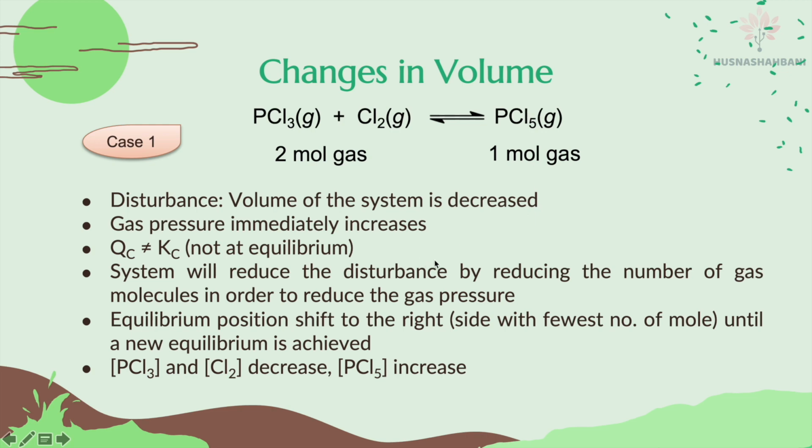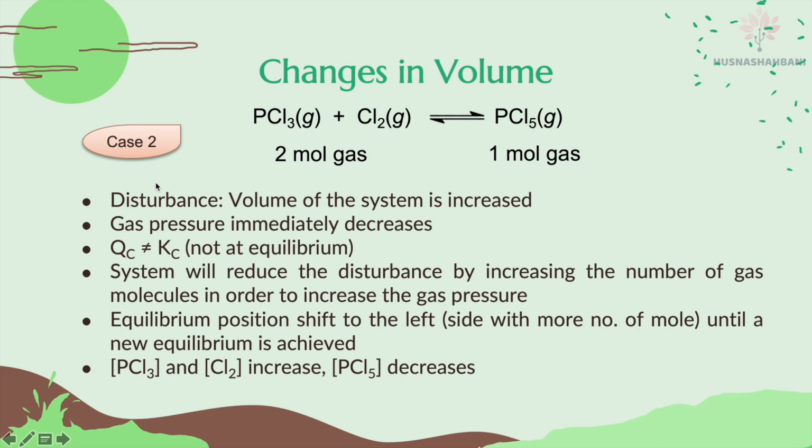In order to reduce the gas pressure, you need to shift the equilibrium position to the side with fewer moles, because fewer moles will produce less pressure. So from a higher number of moles to a lower number of moles until a new equilibrium is achieved. So when the equilibrium position shifts to the right, the PCl3 and Cl2 concentrations decrease and the PCl5 concentration increases.